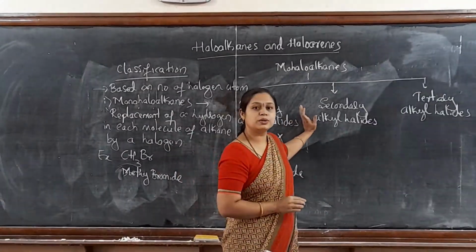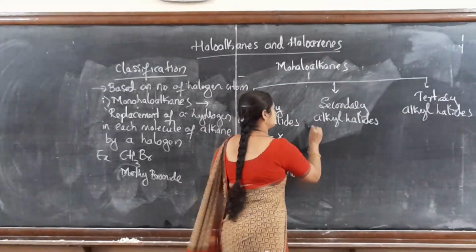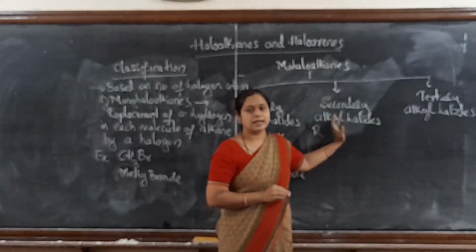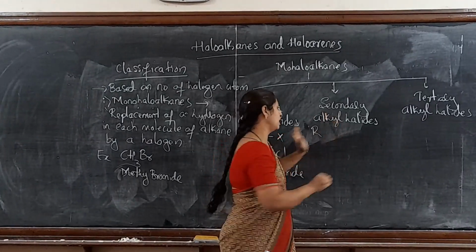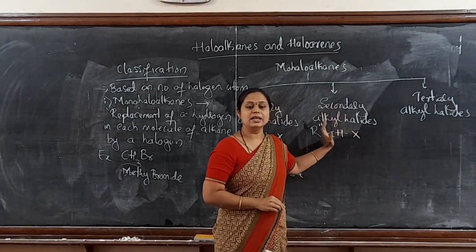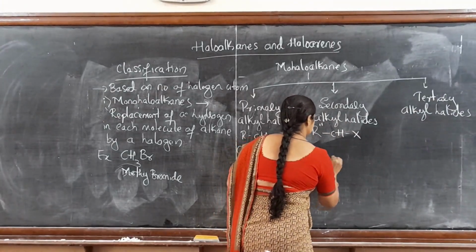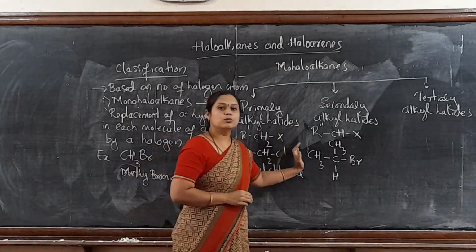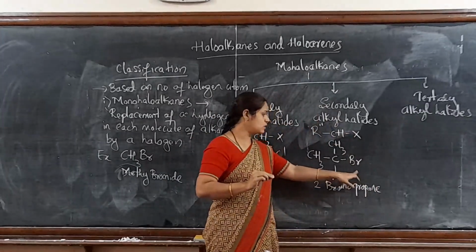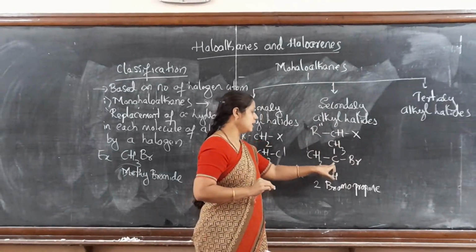Next we will move on to the secondary alkyl halide. Here the halogen atom, that is bromine, is attached to the secondary carbon.